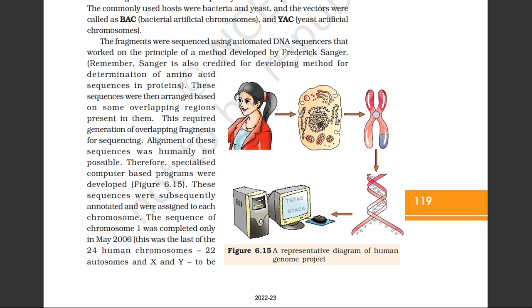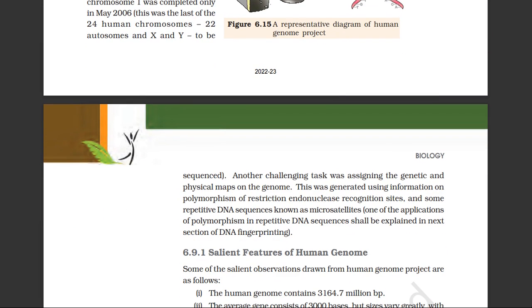Therefore, specialized computer-based programs were developed. Figure 6.15. These sequences were subsequently annotated and were assigned to each chromosome. The sequence of chromosome 1 was completed only in May 2006. This was the last of the 24 human chromosomes, 22 autosomes, and X and Y, re-sequenced.